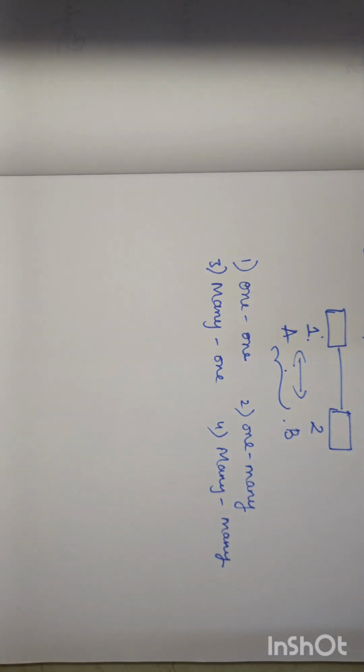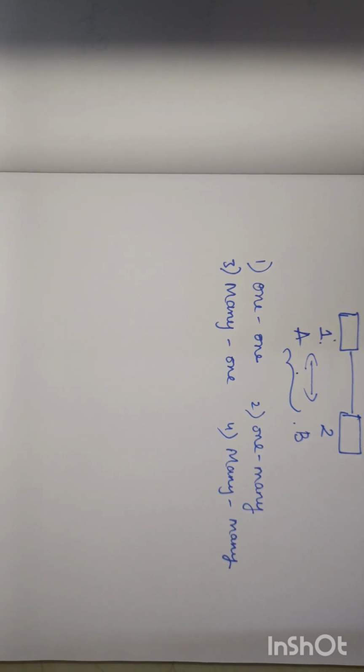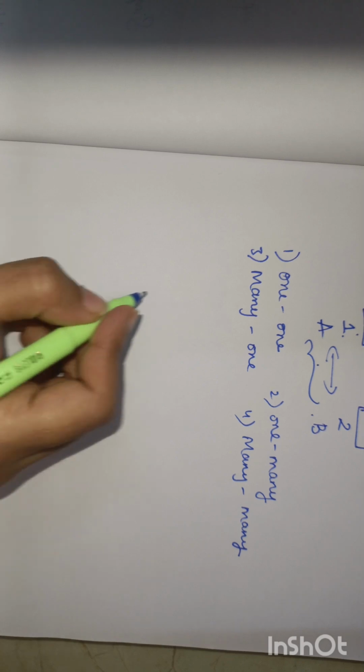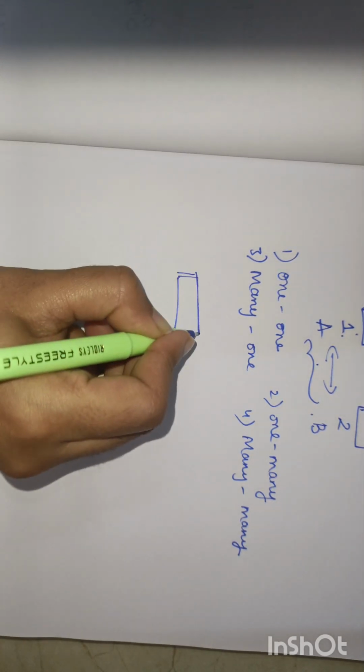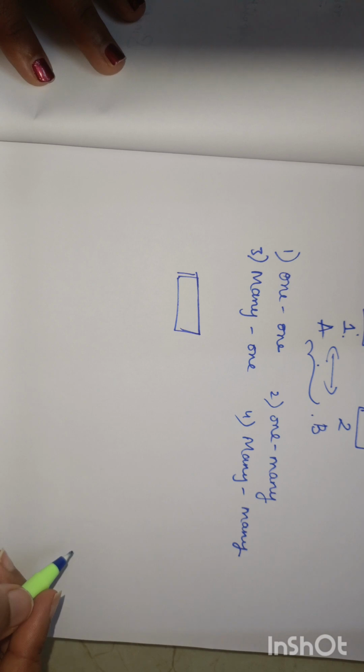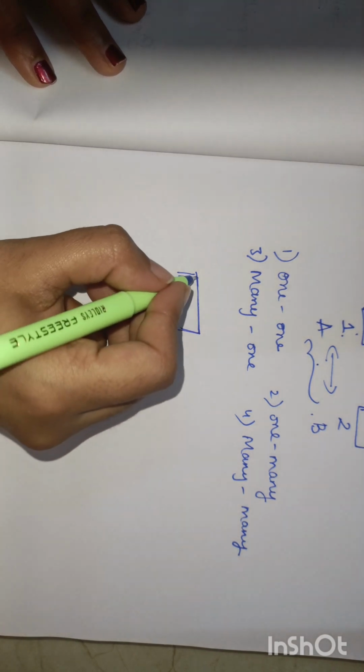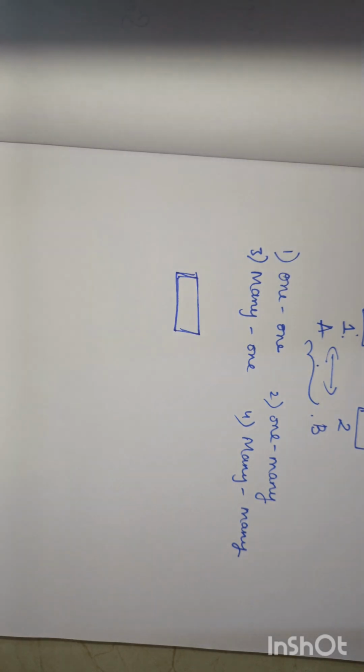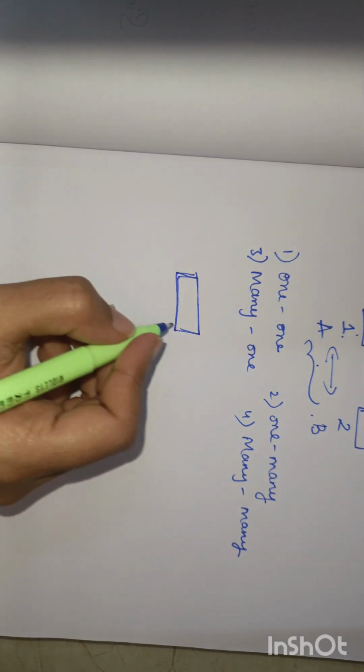Now, one to one is an instance where A is associated with at most one instance of entity B. For example, say in an office we have a department.